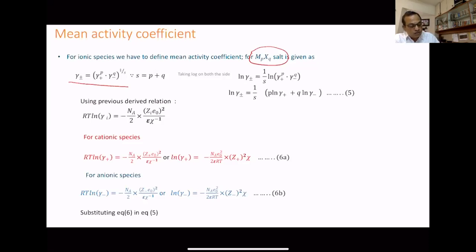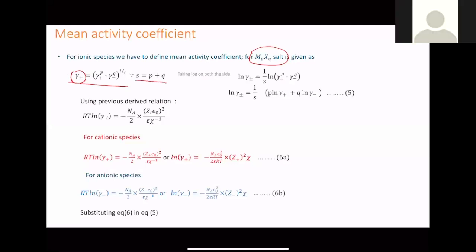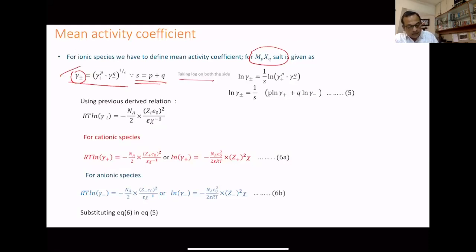So we have to consider the geometrical mean of these two and we get the mean activity coefficient. This also we have seen. If you take log on both sides, what I get is ln gamma plus or minus is 1 upon s, ln gamma plus raised to p into gamma minus raised to q, or I take ln inside.